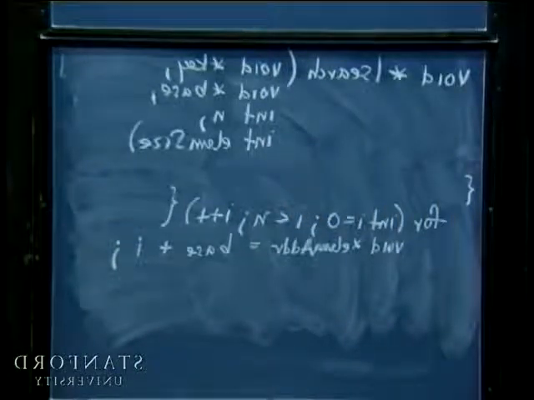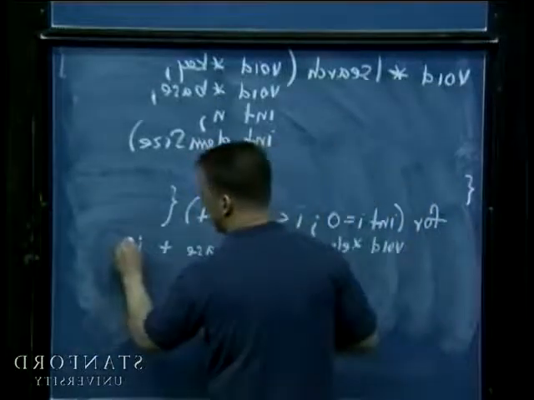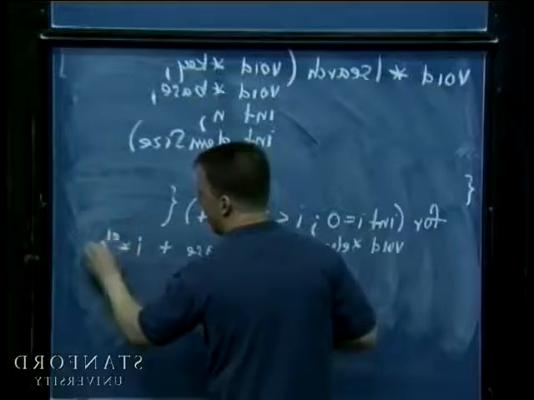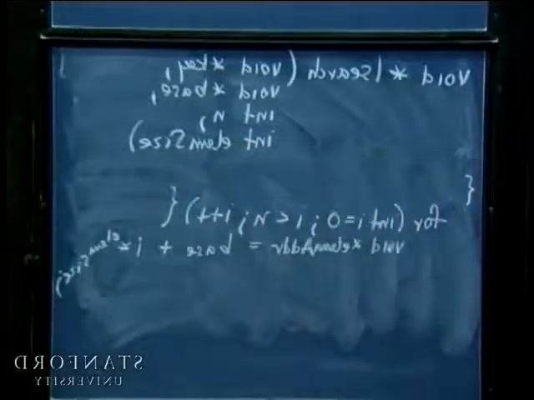Your heart's in the right place if you try to do that. You're trying to jump forward i elements, and you just want the compiler to know how big those things are. Okay? It doesn't know how big they are. So you say, okay, well, I will tell it explicitly how much to scale each offset by.